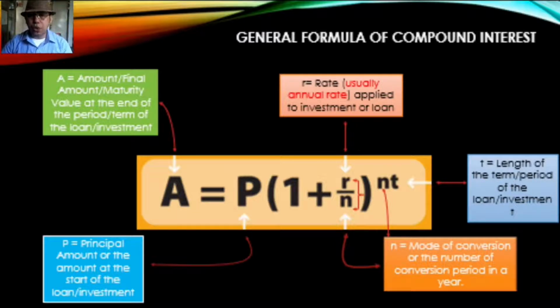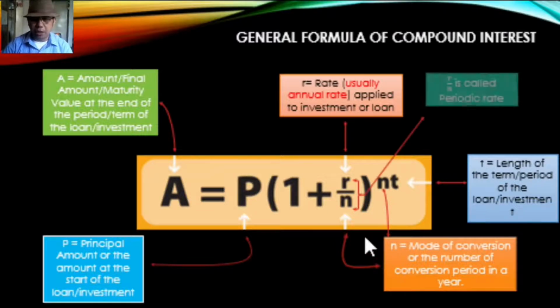Now, we do also have in here the r over n. So what is the result of this r over n? Or rate divided by the conversion period. This is called the periodical rate, the one that I mentioned a while back.